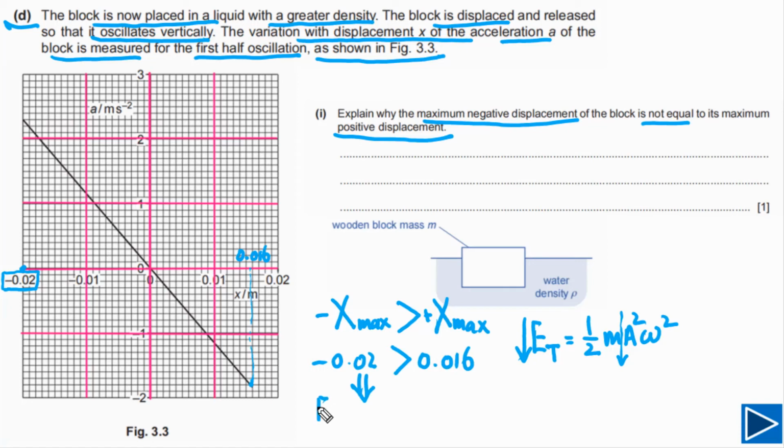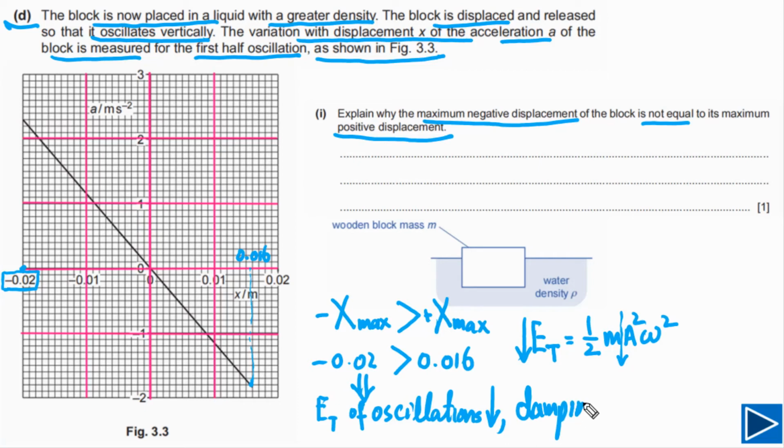Why is it decreasing? We can say this is due to damping, because damping is involved.